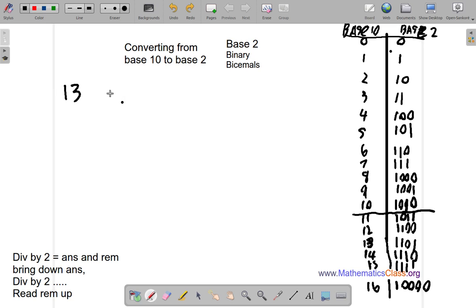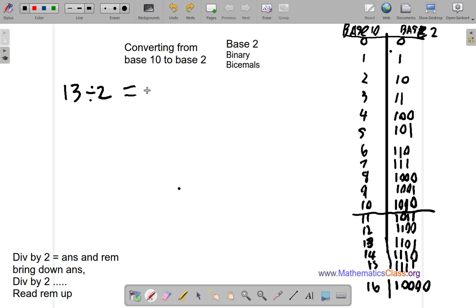So let's see if we get that right. You divide by 2, because you're trying to convert to base 2. If it was to base 4, you would divide by 4. If it was to base 8, you would divide by 8, and so on. So we divide by 2 and get the answer.